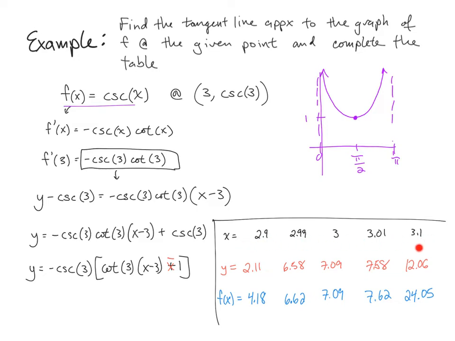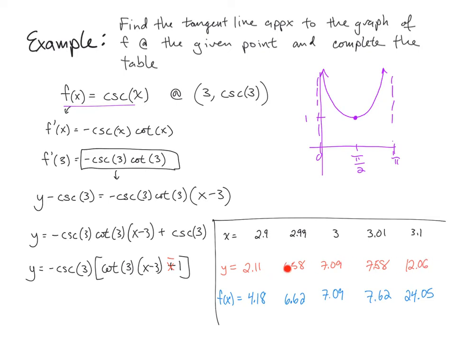And these values will be given to you. But because as we go from 3 to 3.1, the graph is approaching a vertical asymptote, that means these values are going to grow very quickly. Whereas the tangent line approximation values just grow linearly.